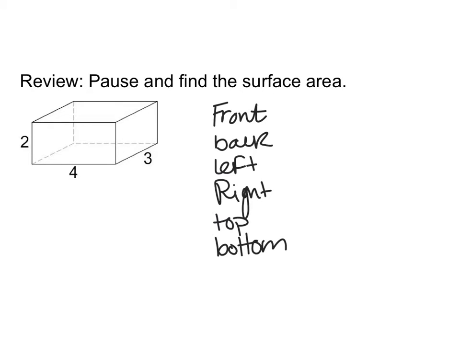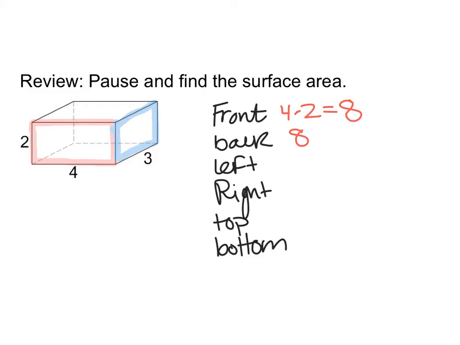All right, so perhaps you did this by drawing out a net. I'm going to do it just by identifying the front, back, left, right, top, and bottom, making sure I have all 6 faces accounted for. So the front would be that 4 by 2, which should be 8. And the back is exactly the same.